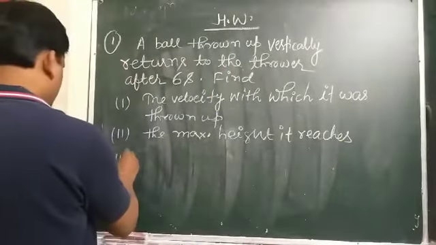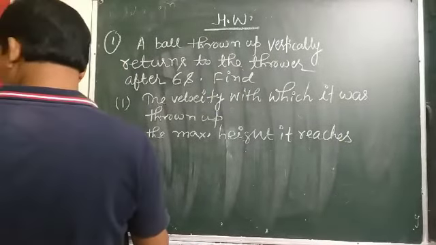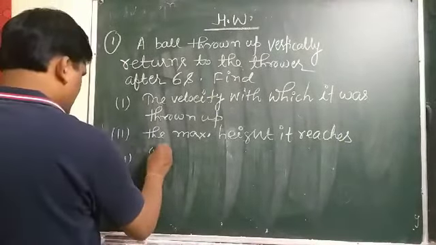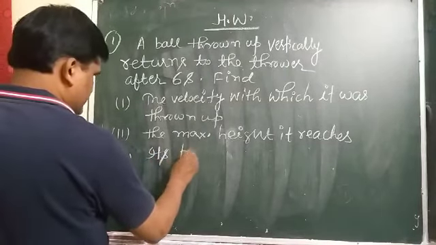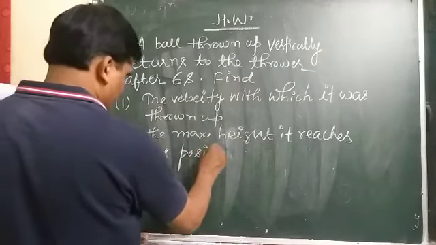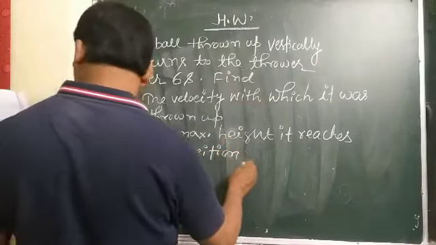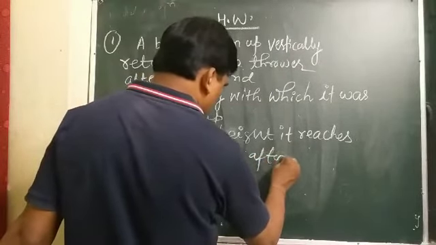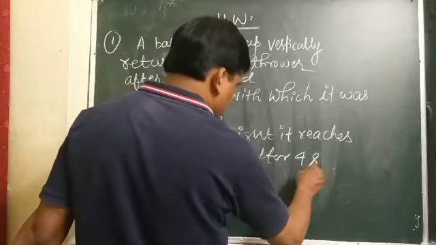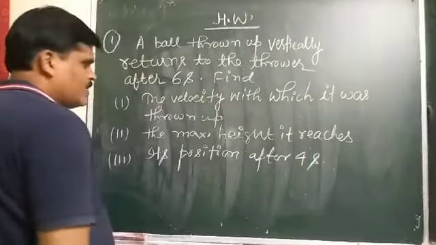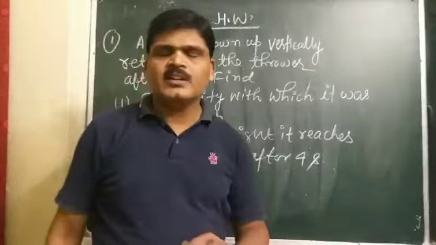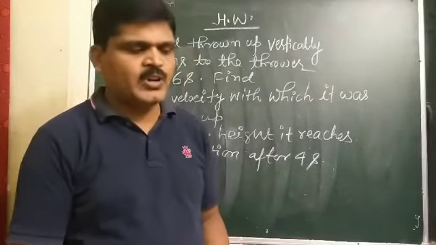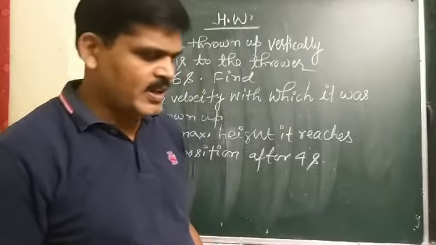And third part, its position after 4 seconds. If necessary, you can take g equal to 9.8 meters per second square.